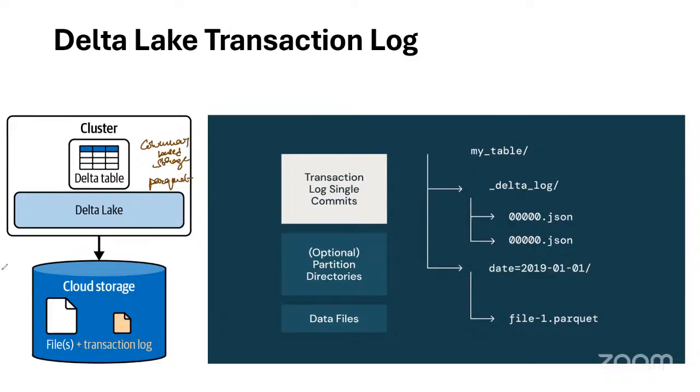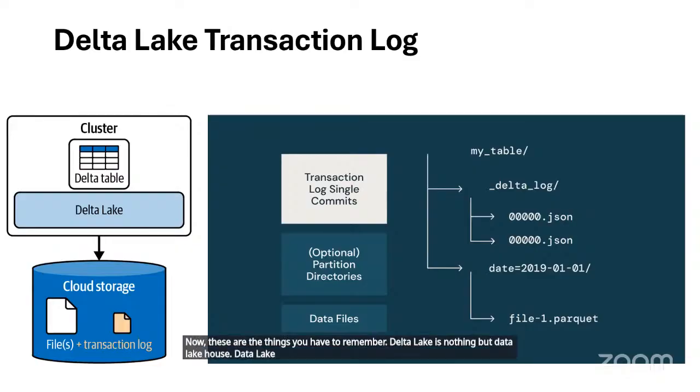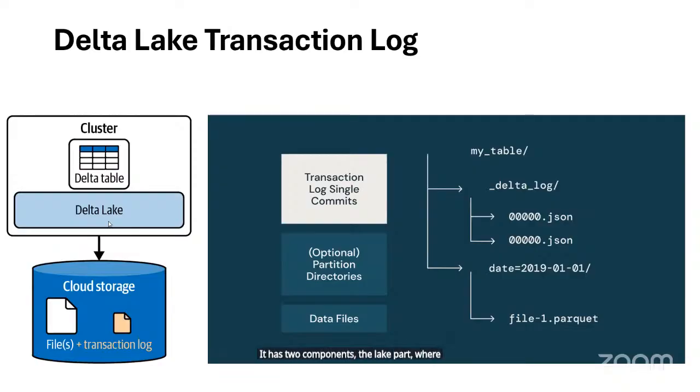Now these are the things you have to remember. Delta Lake is nothing but a data lakehouse. A data lakehouse has two components: the lake part, where you can save your data in its raw format, and the table part, where you can arrange your data in rows and columns.